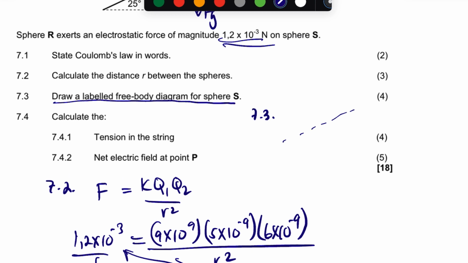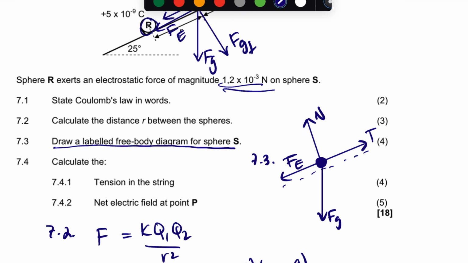So it's an incline like that, guys, and here's my charge S, and then I have a normal force, and then I have the FG, which is the full FG, not the component, and I have a tension force there, and I have an electrostatic force. So that's the free body diagram that I need to have, guys.